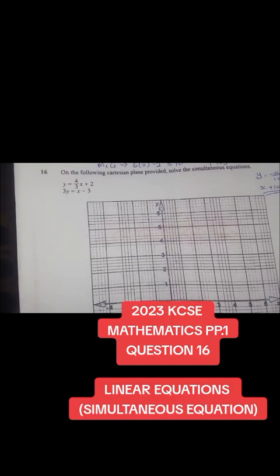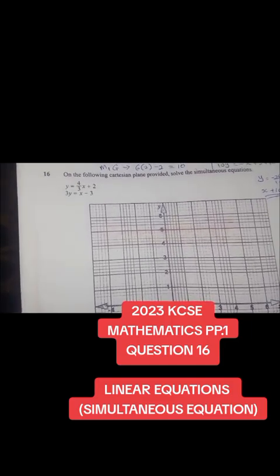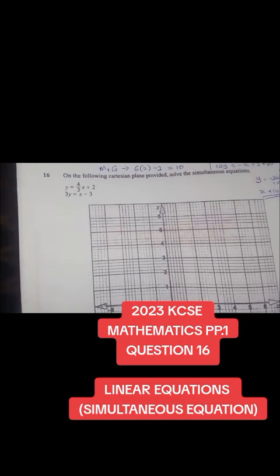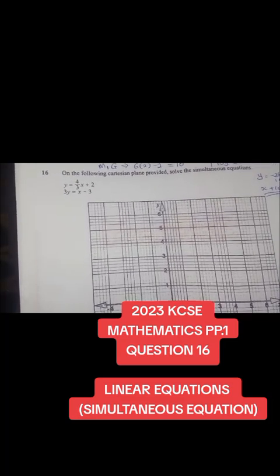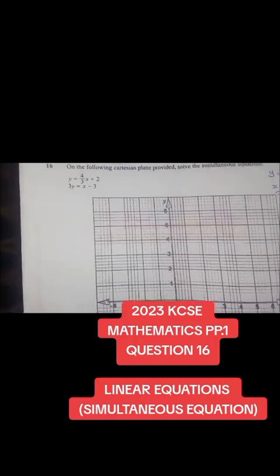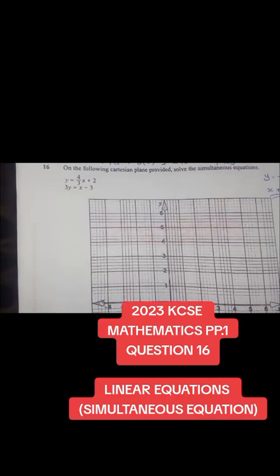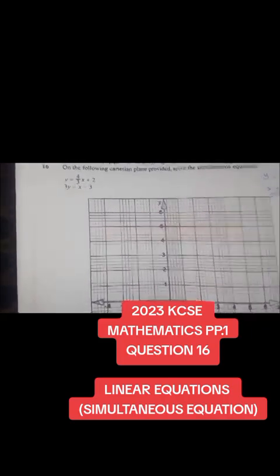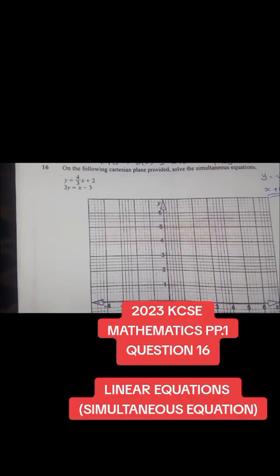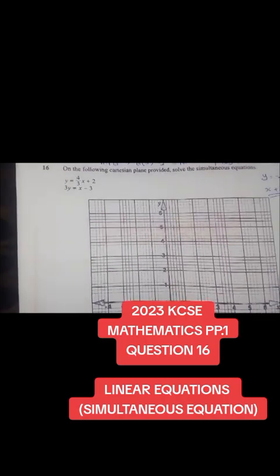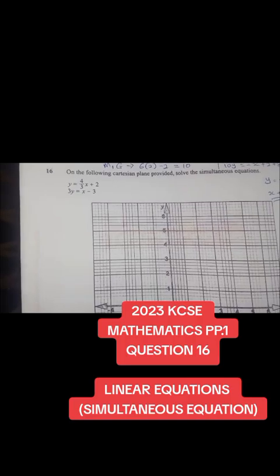So generally there are many ways to solve simultaneous equations. We have using the elimination method, using the substitution method, using the matrix method, and now here we have using graphical methods to solve. So first of all, you are supposed to just construct a small table.